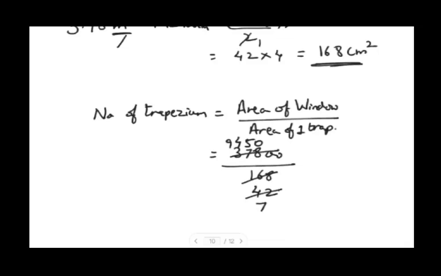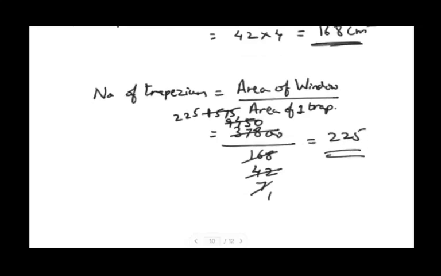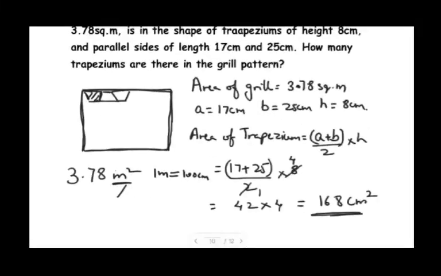So 6 7s are 42, 6 1s are 6, 6 5s are 30, 6 7s are 42, and again 6 5s are 30. 1575. So does it go? Yes. 7 1s are 7, 7 2s are 14, 7 2s are 14, 7 5s are. So 225.